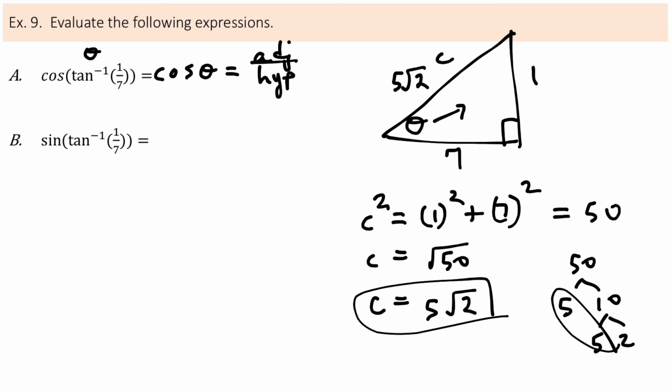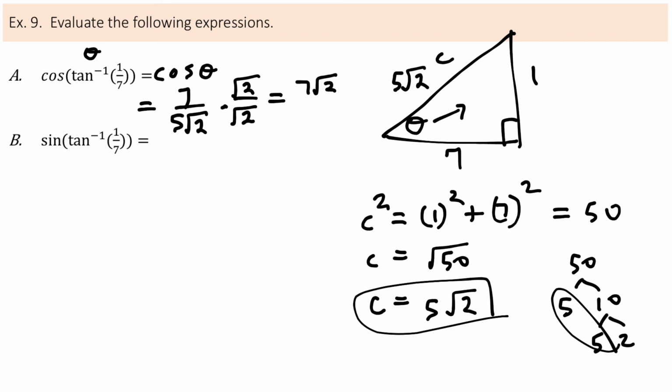So that's going to equal 7 divided by 5√2. All right, so I need to rationalize my denominator here. So that's 7√2 over 5 times 2, which is 10. All right, so that's the cosine of the angle theta whose tangent is 1/7.